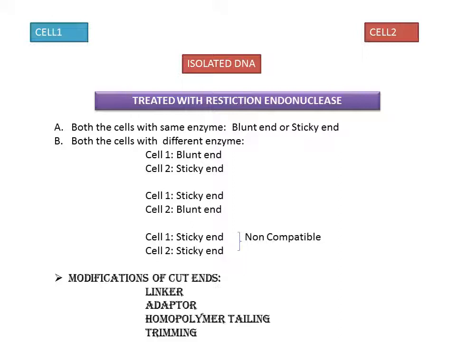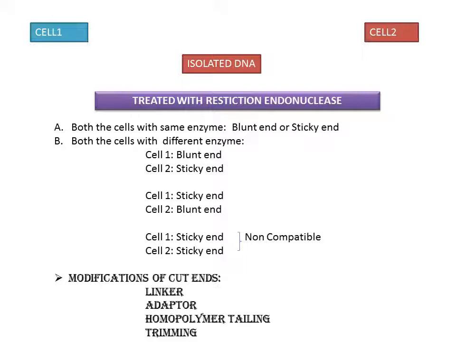If both cells have a site for EcoRV, then again it will be compatible. But what happens if both the DNA do not have a common restriction endonuclease site?